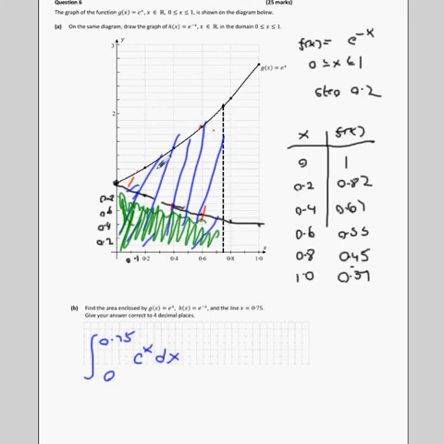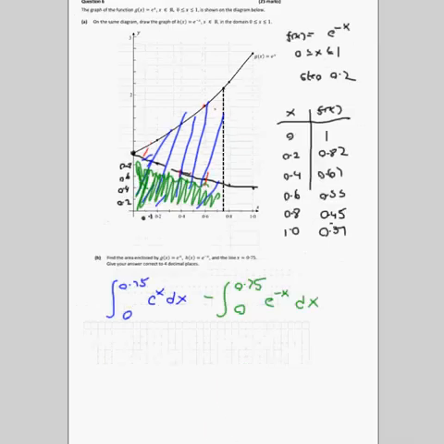Okay? And this green area is underneath the bottom line. So it's going to be take away the integral from 0 to 0.75 of e to the minus x dx. Okay? So we're going to work a lot on this now. What we're going to do is integrate this.